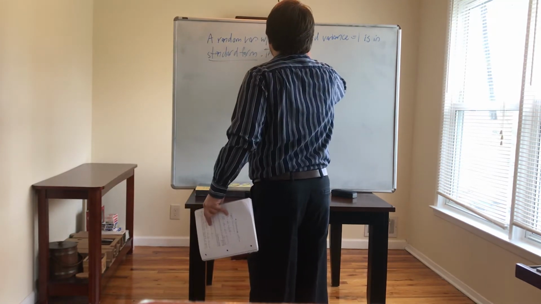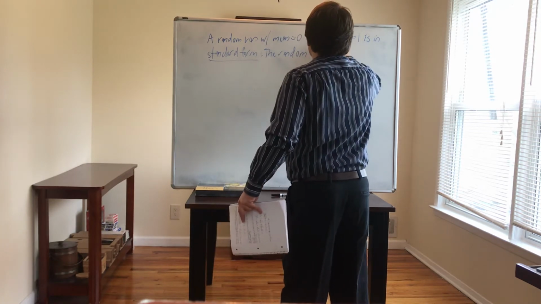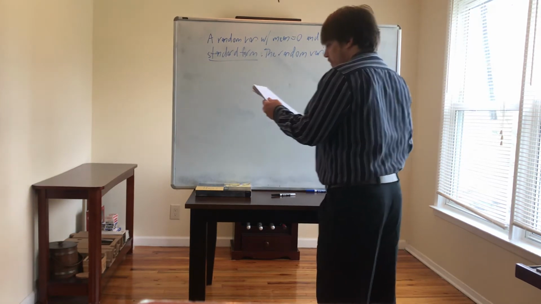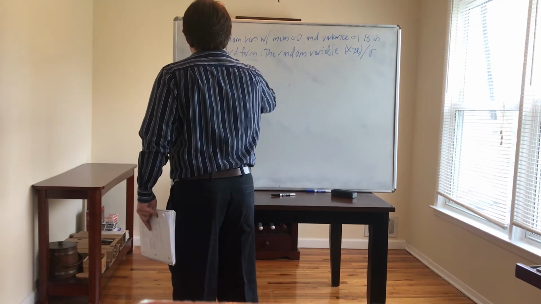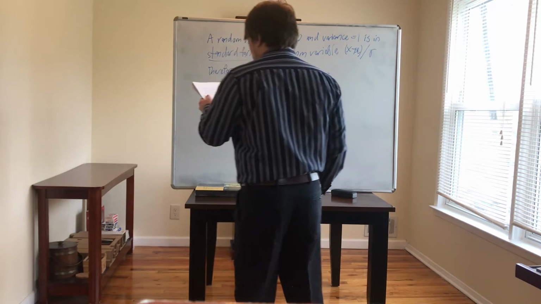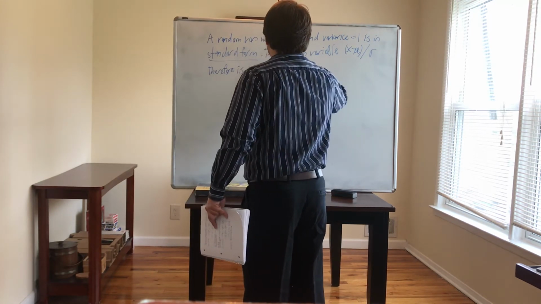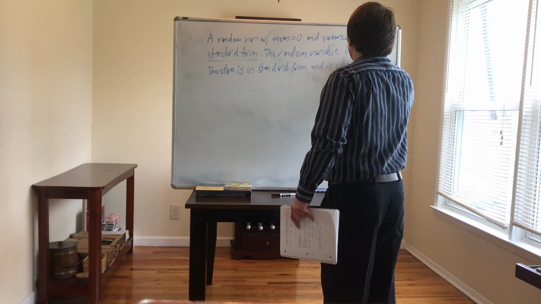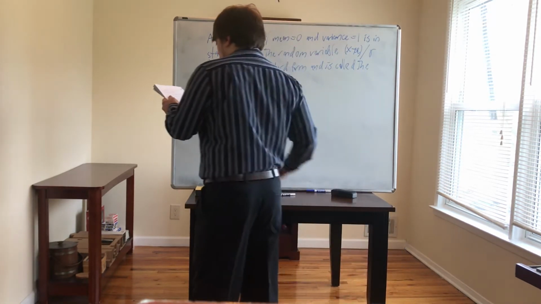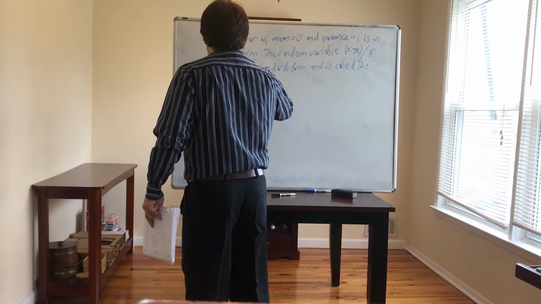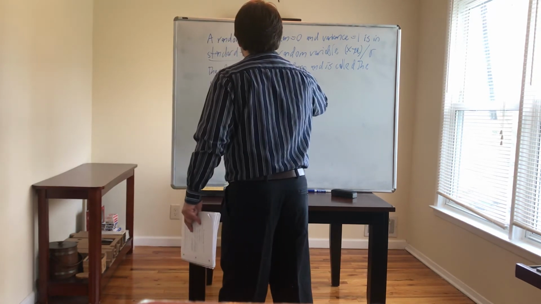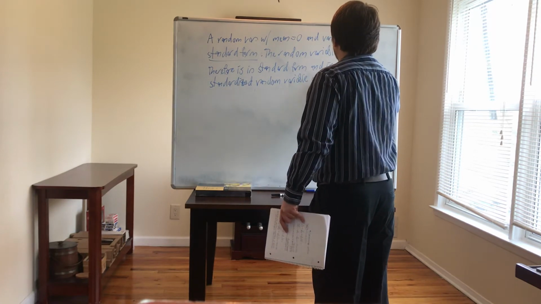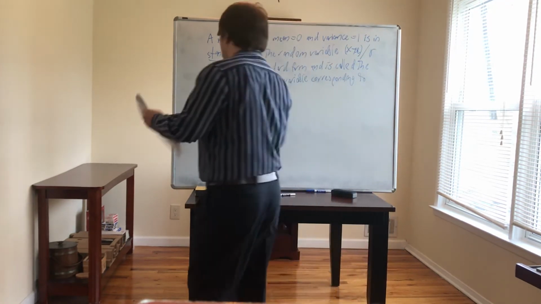The random variable x minus mu over sigma, therefore, is in standard form, and is called the standardized random variable corresponding to the random variable x.